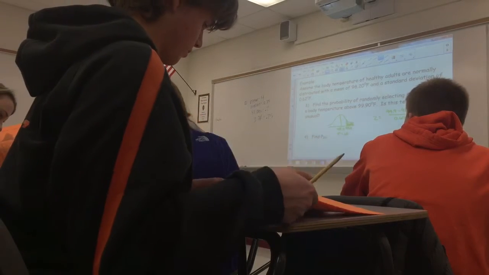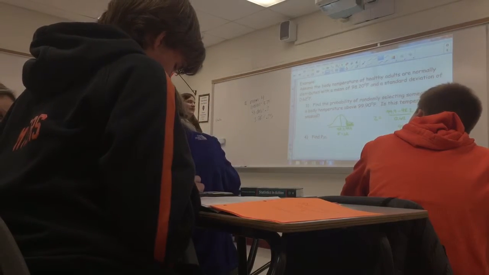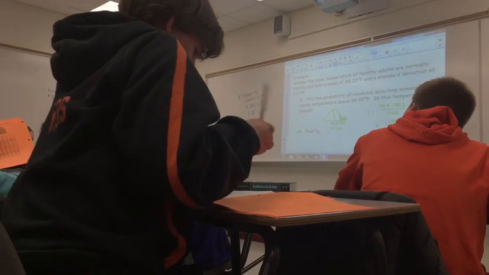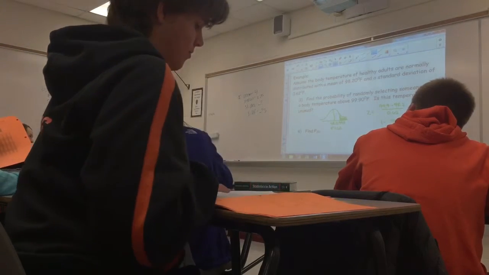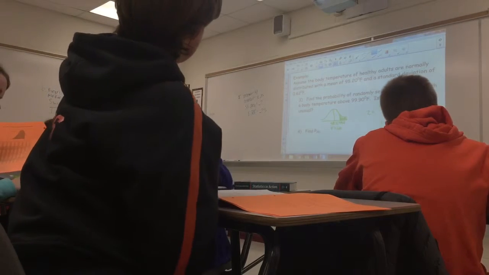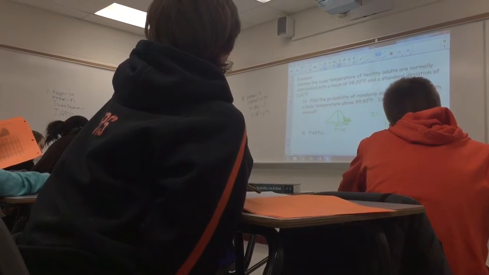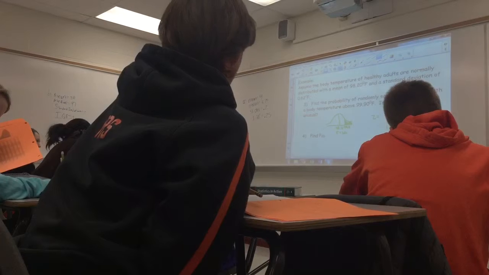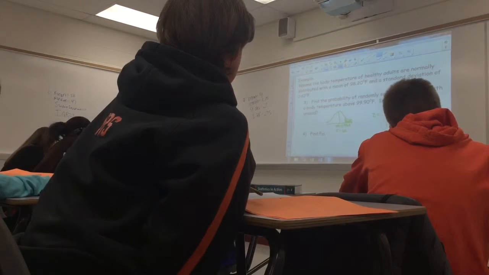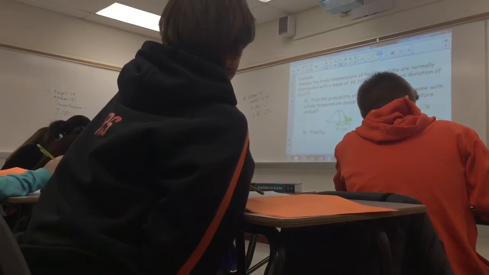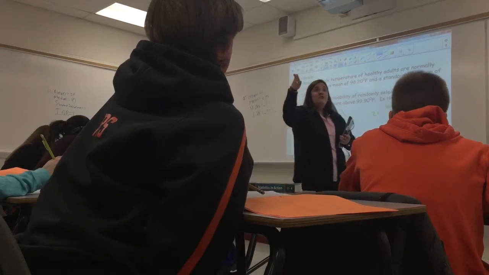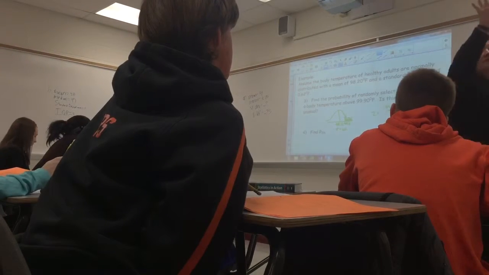0.9969. What are you going to do with 0.9969? Subtract it from 1. That gives you 0.0031. So there's your probability, 0.0031. Is that unusual? What's our cutoff for unusual? 5%.